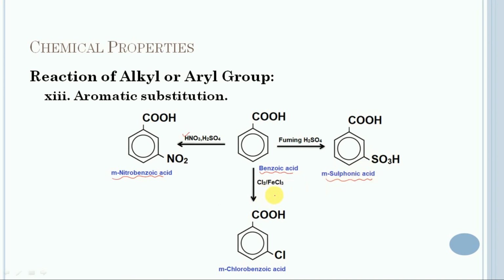In the third case, benzoic acid will undergo halogenation in the presence of the catalyst ferric trichloride, and meta-chlorobenzoic acid will get formed. So it is the aromatic substitution and it will take place at the meta position.